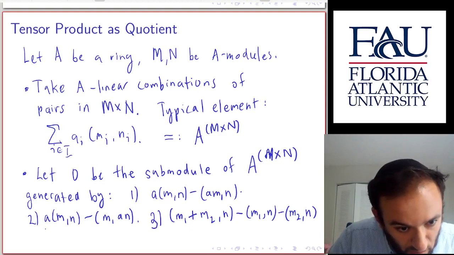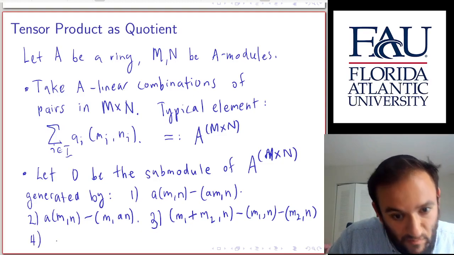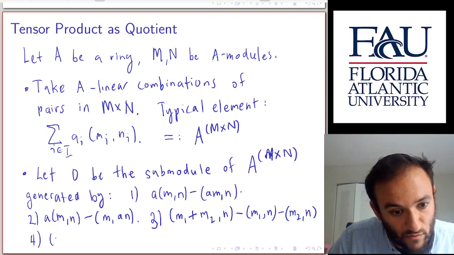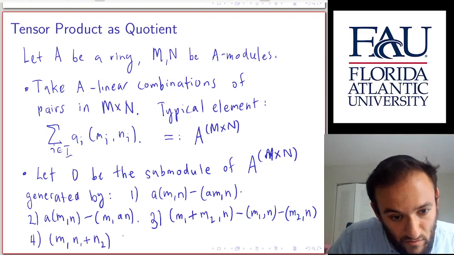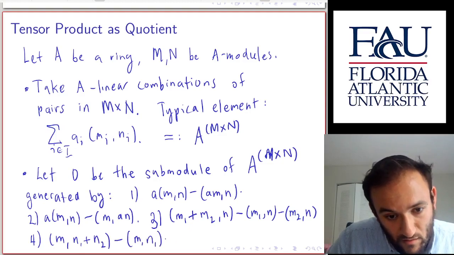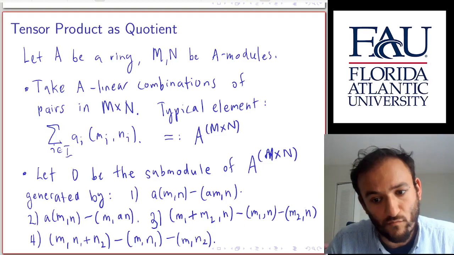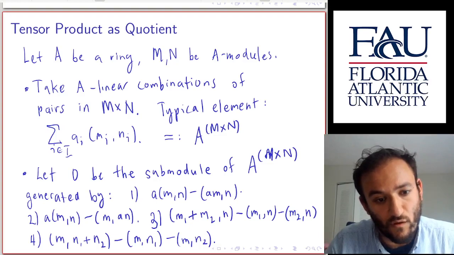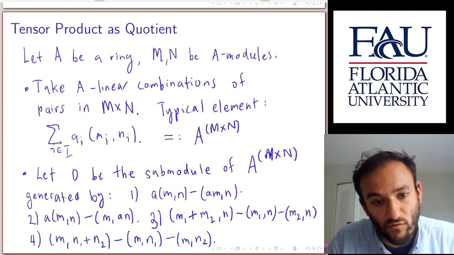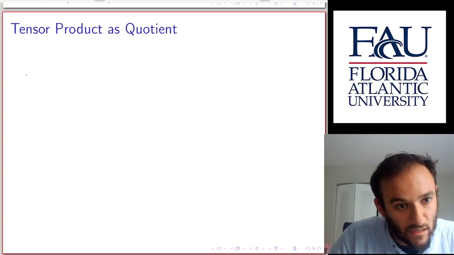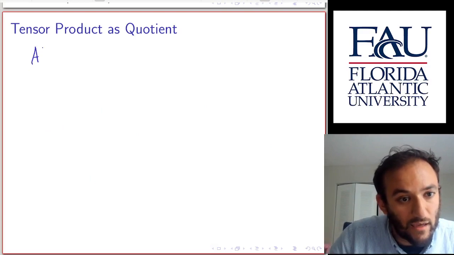This will be number 3. You can do the same thing in the second factor. So if you have (m, n1 + n2), this will be set equal to (m, n1) plus (m, n2).